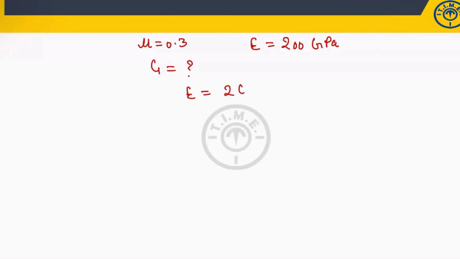Yes. E is equal to 2G(1 plus mu). This is the relation between elastic constants. So E is given as 200, this is 2G, G value you have to calculate, 1 plus 0.3.